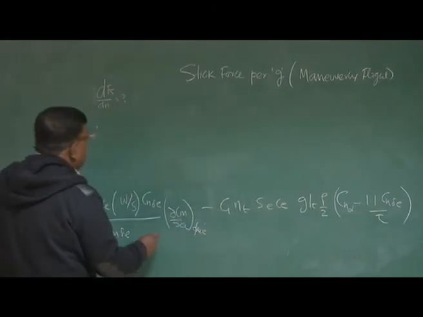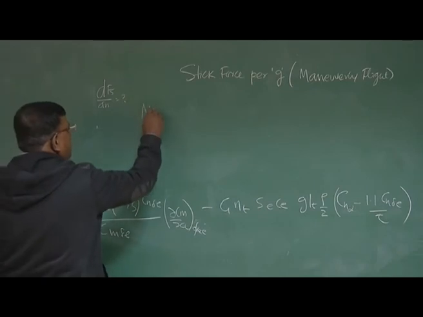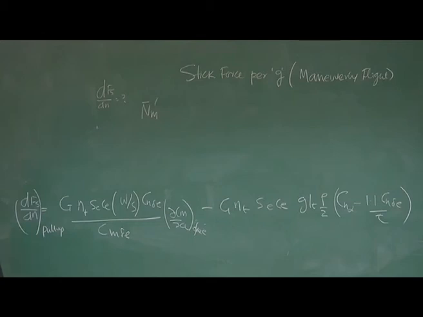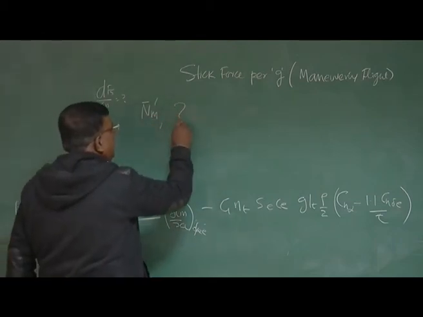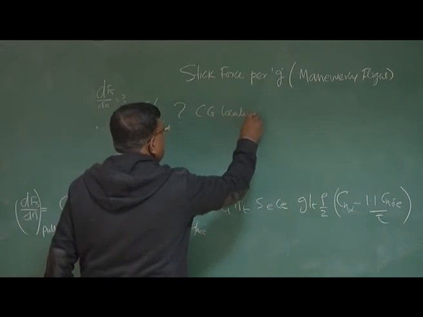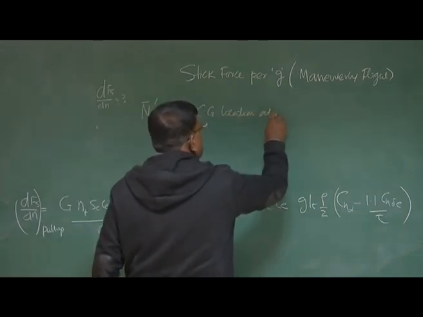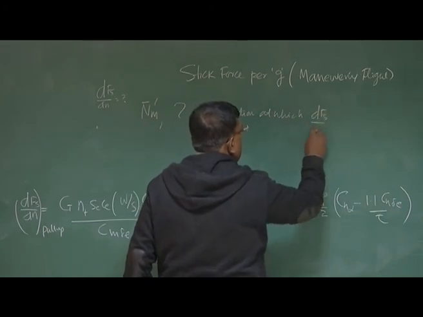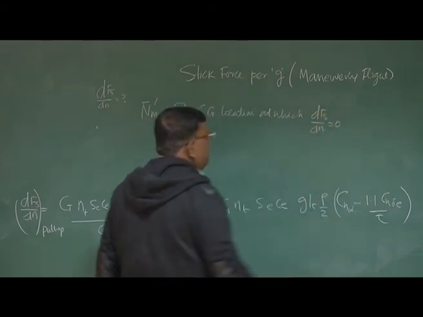What is our aim? Our aim is to find Nm prime. That is, what is that CG location at which dFs by dN is 0?